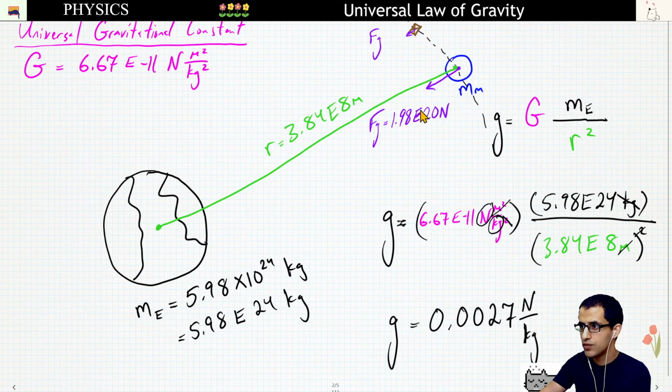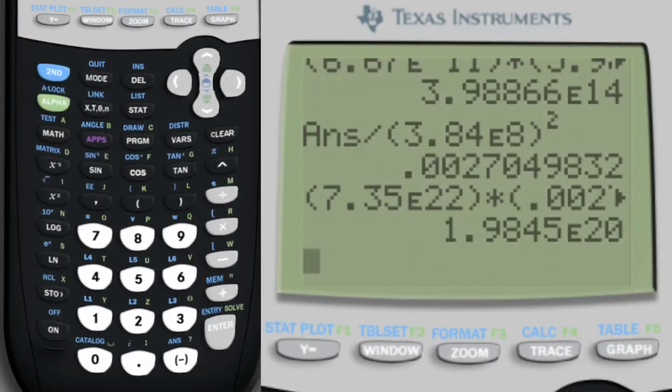So that's a large force, and you might think, well, this number is really small. How can this number be so big? It's because the mass of the moon is so big. Let's do a similar calculation for the mass on our small 4 kilogram box. So it's going to just be 4 kilograms times 0.0027. So 4, just like before. So instead of the mass of the moon like we have here, we're using just the mass of the tiny box.